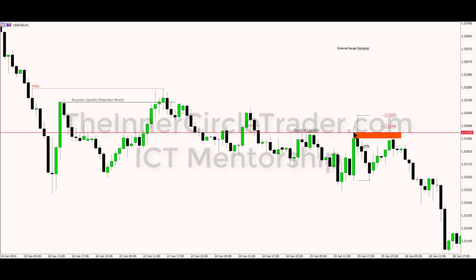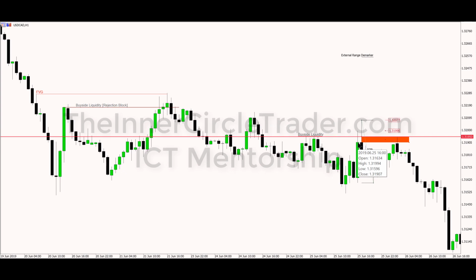So we have the previous day on the 25th creating a sell scenario, and then we have that 31.95 level relative to the external range demarker on the daily chart, transferring that to 31.95. So that's our highest price point to the rejection block. There's your range. So in between those 2 price points, the close is 31.90, so less than 5 pips.